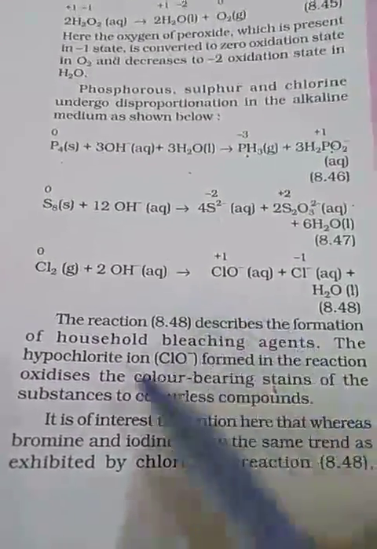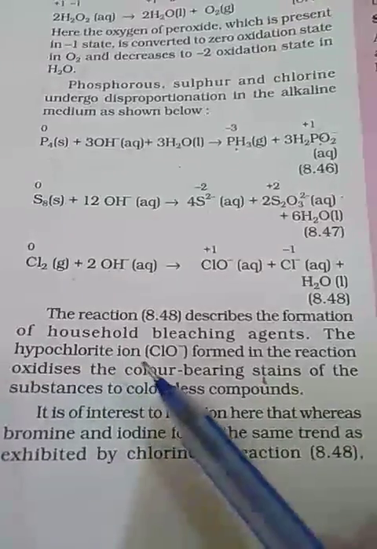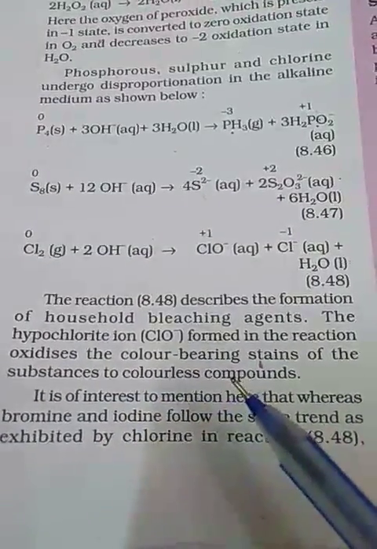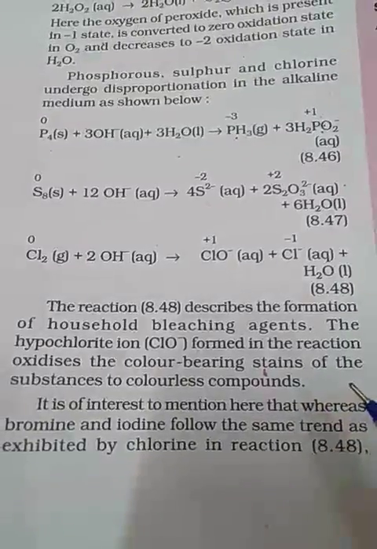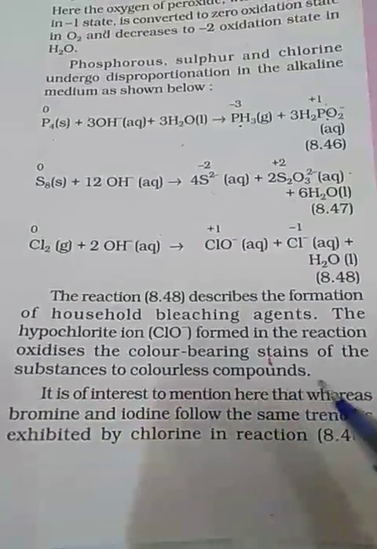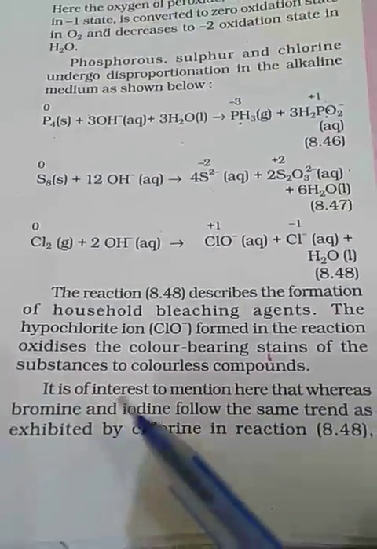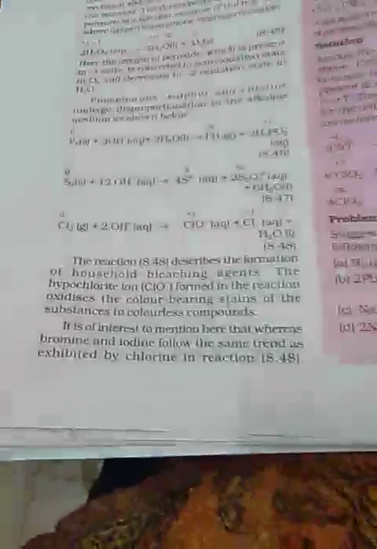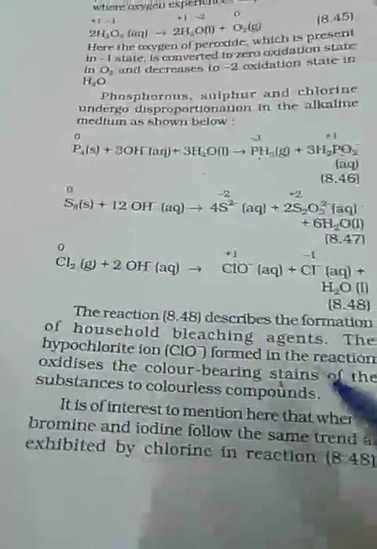The hypochlorite ion formed in the reaction oxidizes the color-bearing stains of the substance to colorless compounds. Okay, bleaching agent, no? If you want to remove the color from a colored compound, that is called a bleaching agent.